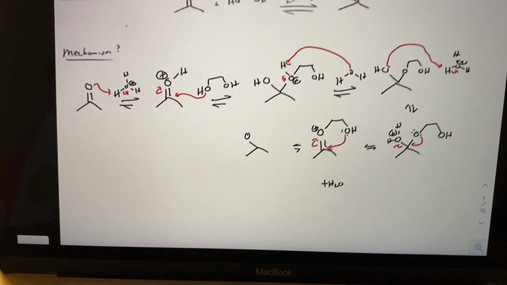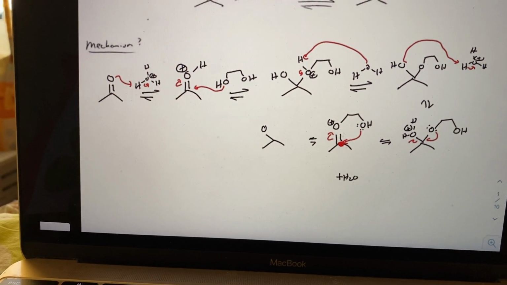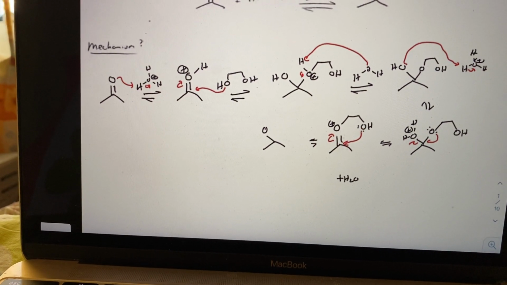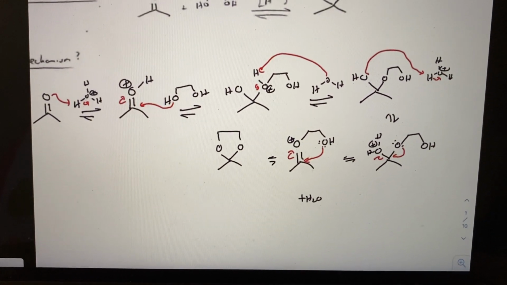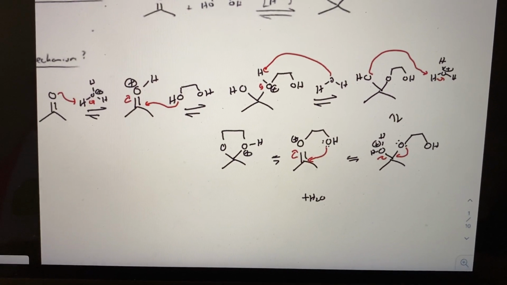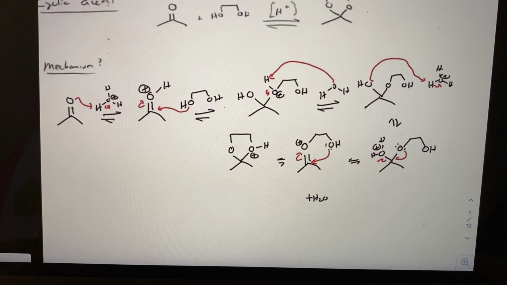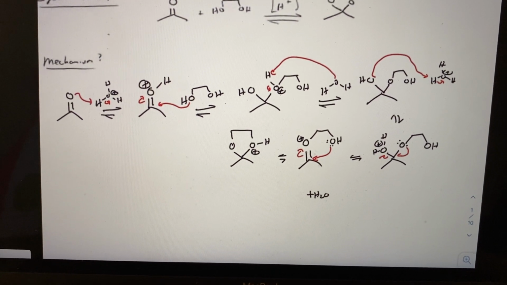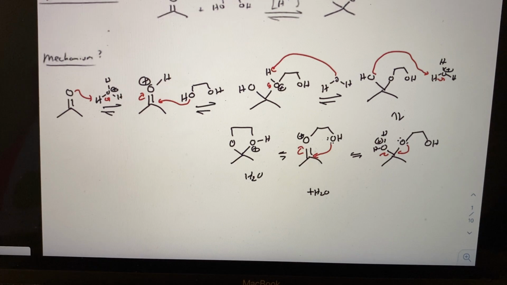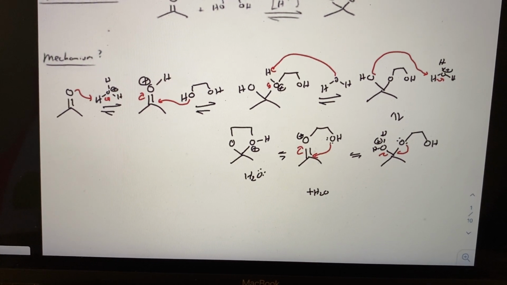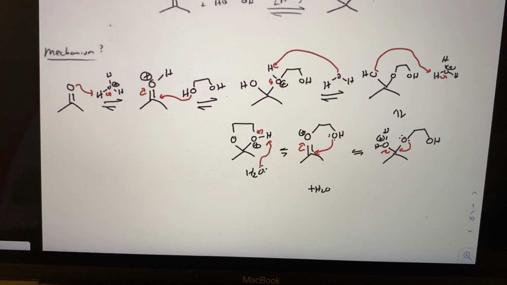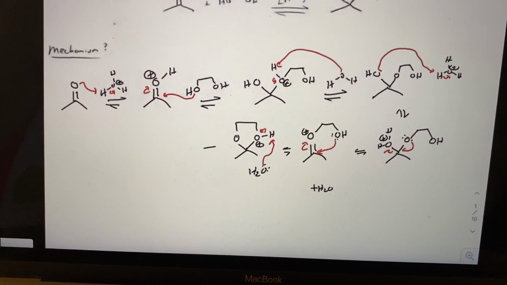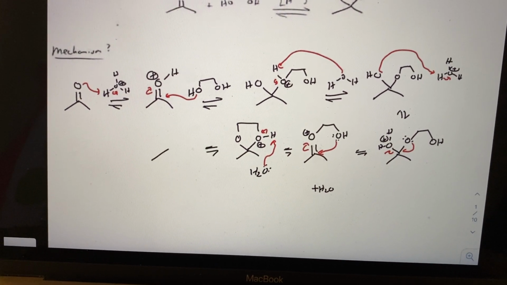So that's going to form a new bond now between this carbonyl carbon and the oxygen, which is what forms our cyclic structure. And then all we need to do is to take that proton off. And this will form our cyclic acetal.